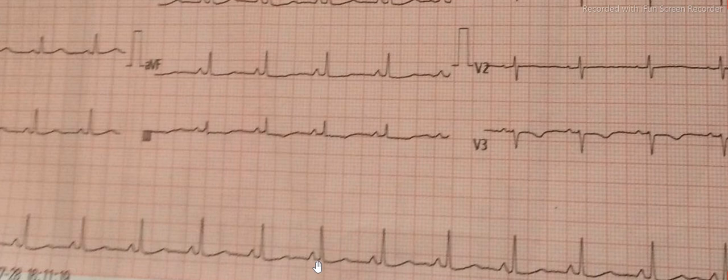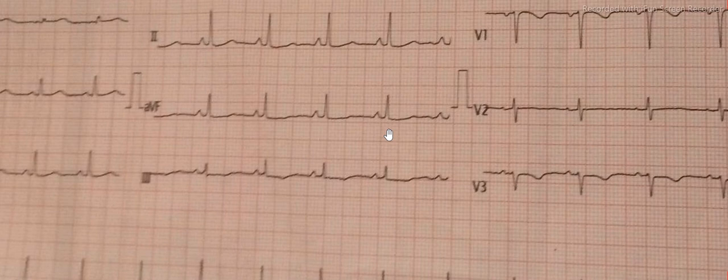So there is no AV conduction delay. And the PR interval is also pretty okay. So we can safely say that it is normal sinus rhythm.